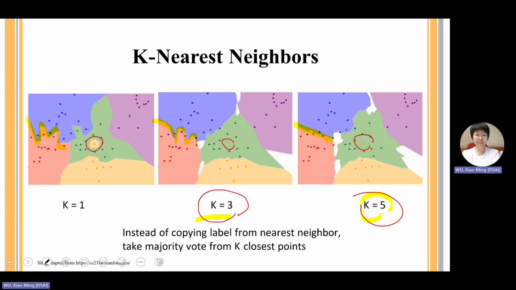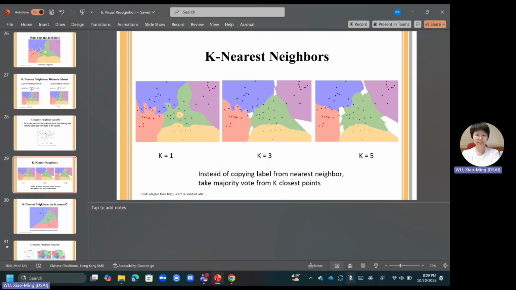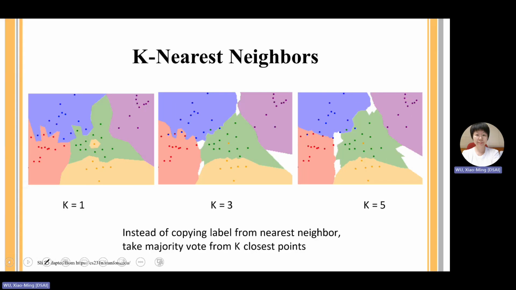It smooths out the outlier. It also smooths out the decision boundary. Look at these points here. This green one could be an outlier because it's close to many red points, so it should belong to the red one. So when you use larger K, it smooths out the outliers.